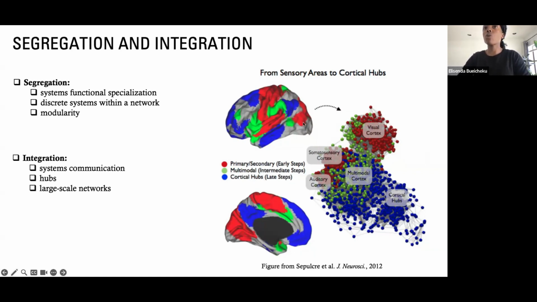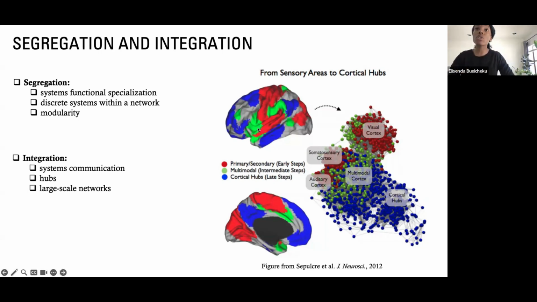For instance, we have the visual system, we can have the motor system and the sensory system, and we have the auditory system. Integration, on the other hand, are the systems that allow us to actually converge the information and use it as something meaningful. We have the multimodal areas that usually are spatially located close to the primary or sensory areas.